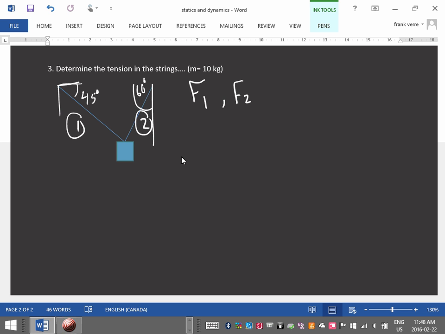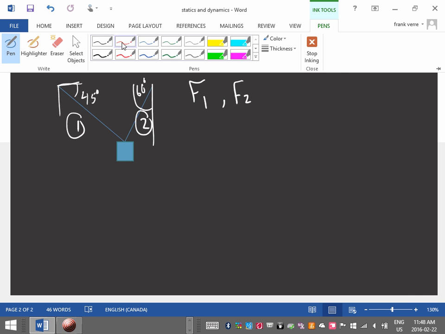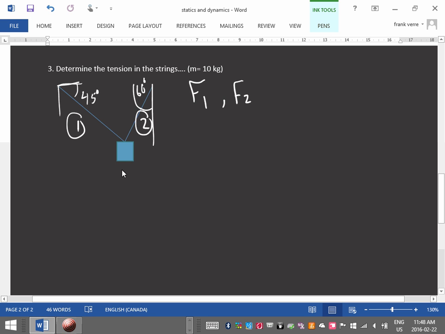Okay. So, first, with any question with forces, you've got to think about what are all the forces acting on this object. There's 3. Which way would this cable pull?